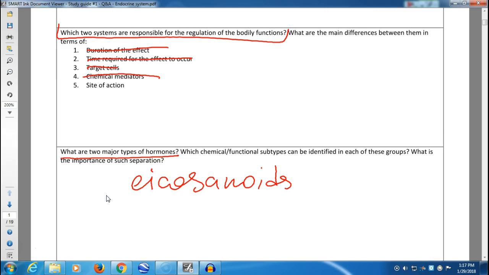Yes, I can ask you, which of the following hormones is water soluble? Or which of them is lipid soluble? You have to understand the major difference, which is ability to cross the membrane. Lipid soluble can, water soluble cannot.